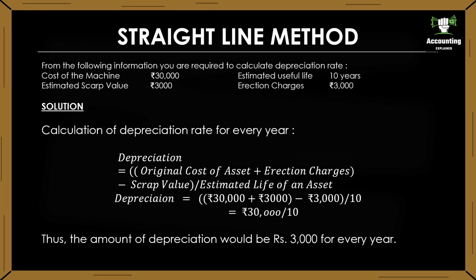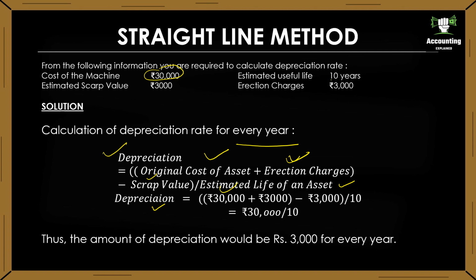So this is the question and the solution we are going to do. Calculation of depreciation for every year. Depreciation is equal to original cost of the asset plus erection charges minus the scrap value, divided by the estimated life of an asset. Cost of the machine is rupees 30,000 and erection charges is how much?